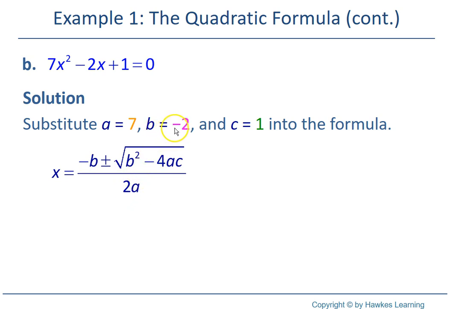Notice our B itself is a negative 2. So whenever that's true, when B is negative, this first term here is going to end up as a positive, because the negative sign in the formula, the negative of a negative, makes this positive.